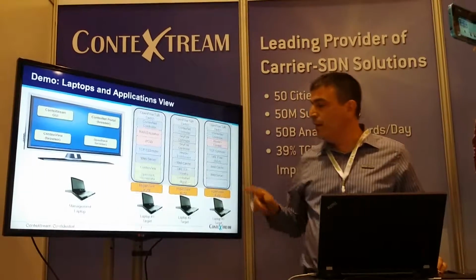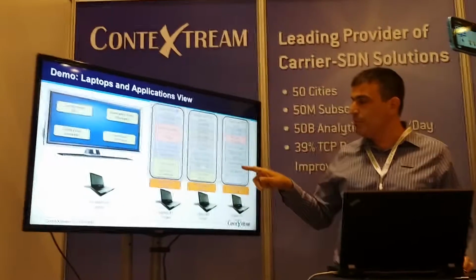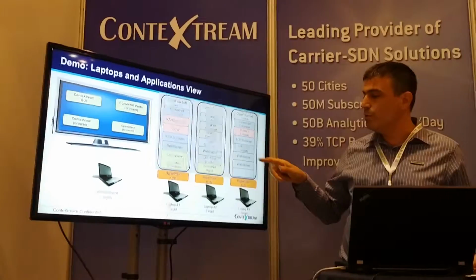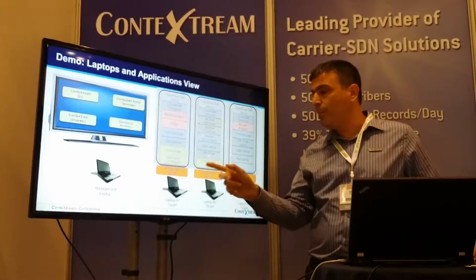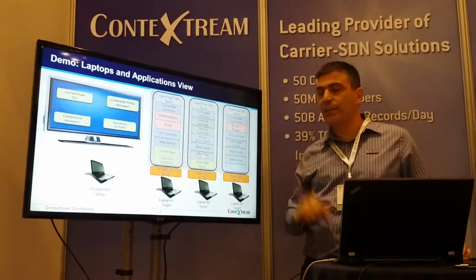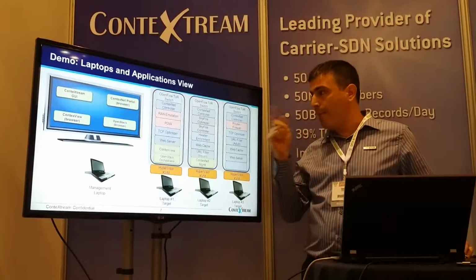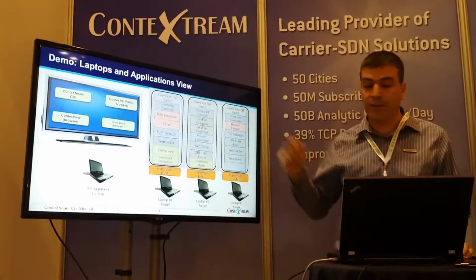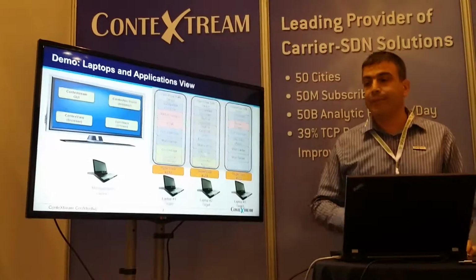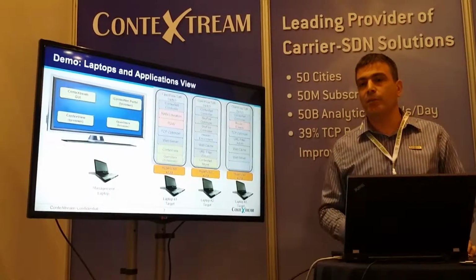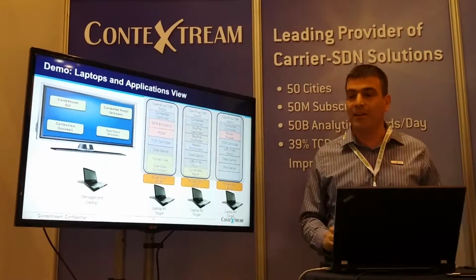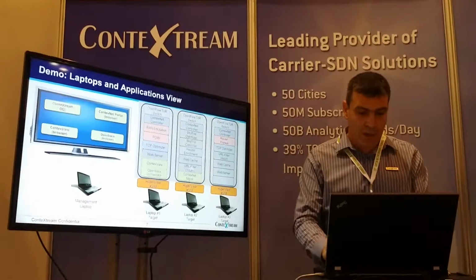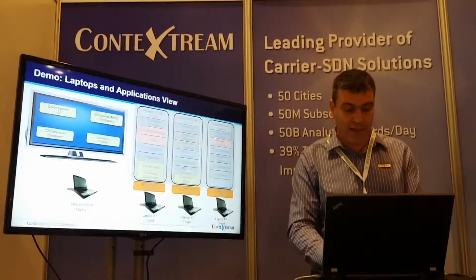We make sure that everything coming from the VM goes to that Tor switch. We just manipulate Neutron in OpenStack to make sure that all traffic gets to the Tor switch, and our ContextNet controller manages it. We bring the Tor switch in as a VM instead of a physical Tor switch because we didn't want to make all the noise in the show. Okay, so we can jump to the demo itself.